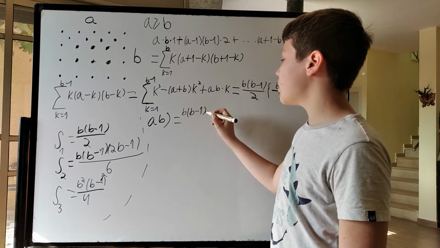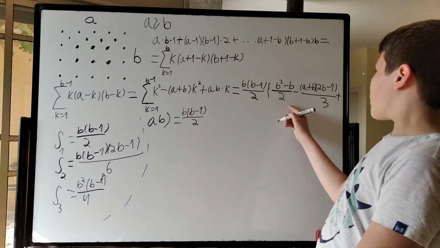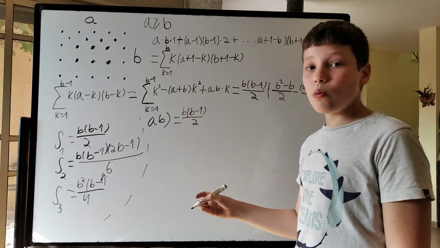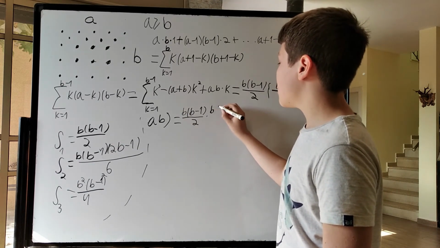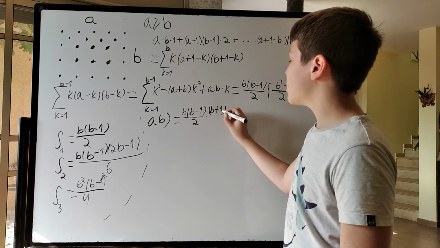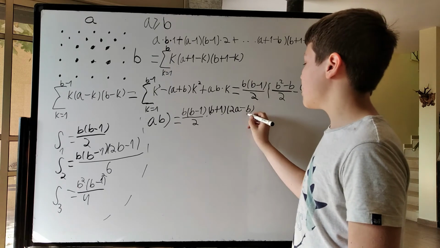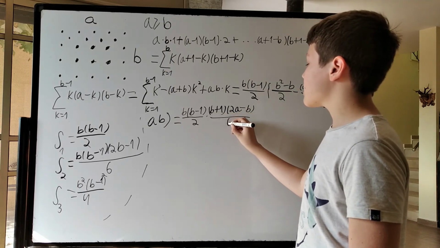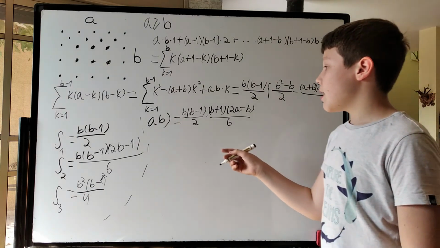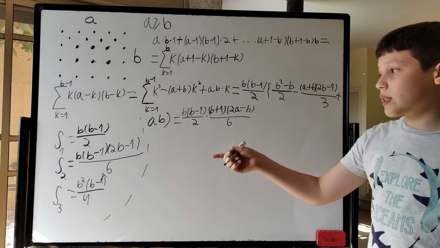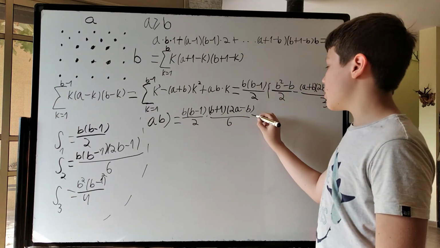And b times (b minus 1) over 2, and then this inside the brackets will simplify down to times (b plus 1) times (2a minus b), all over 6. And now 2 times 6 in the denominator will turn to 12. And then, as a difference of squares, (b minus 1) times (b plus 1) will be b squared minus 1.